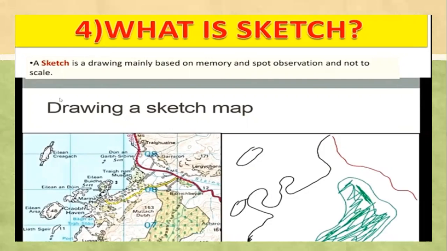For example, if you draw a sketch map to tell a friend the direction of your house or your school, it is a rough idea of the place, drawn without any particular scale. This is sketch.